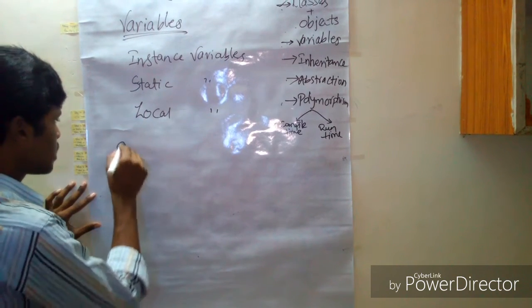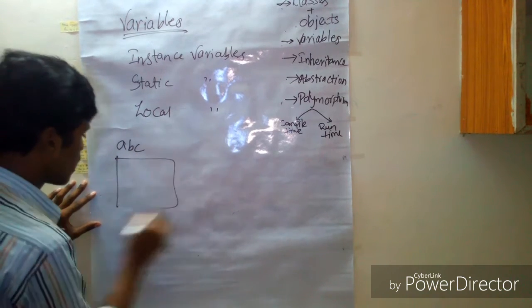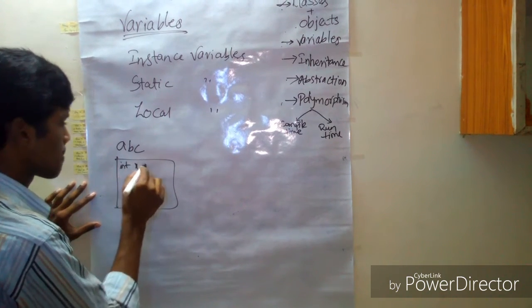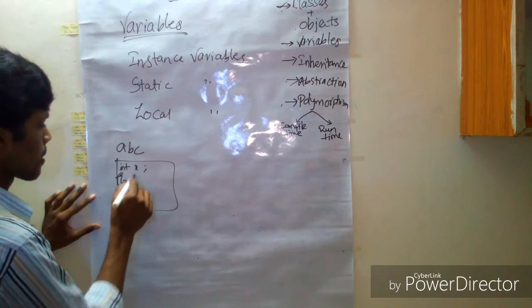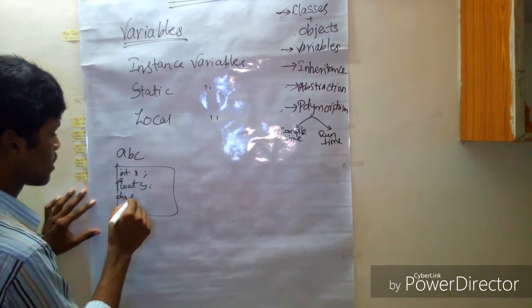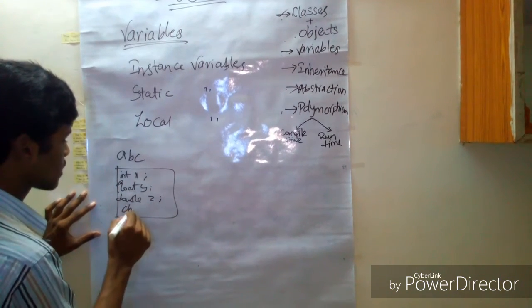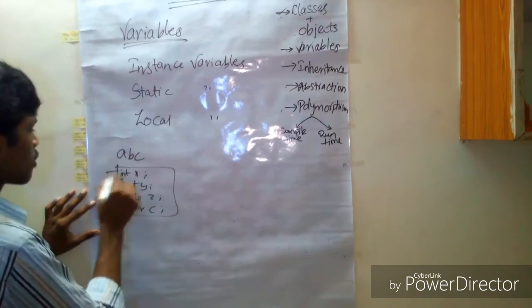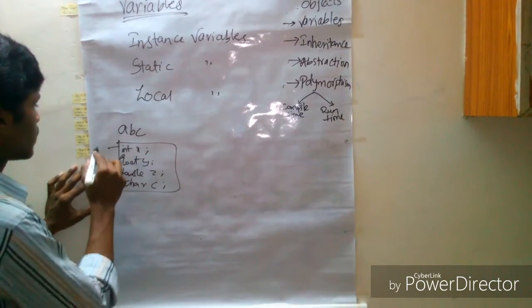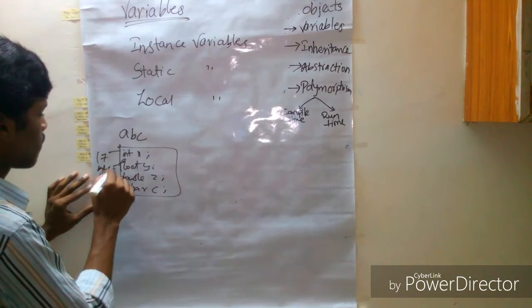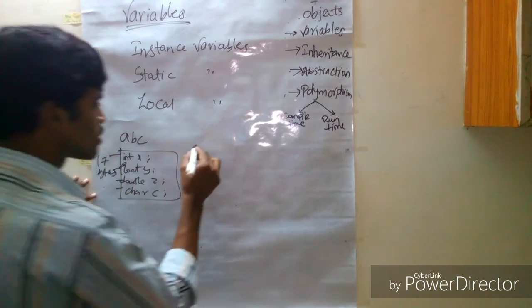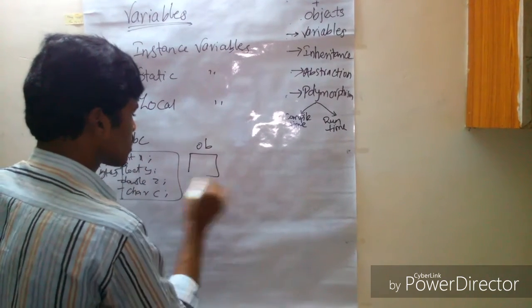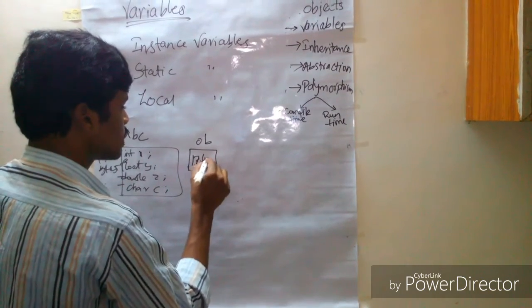In the previous example, in the class ABC, we had an int x, float y, double z, and a character c, which occupies 17 bytes in total. When we create an object of ABC, such as ob, it reserves a space of 17 bytes.